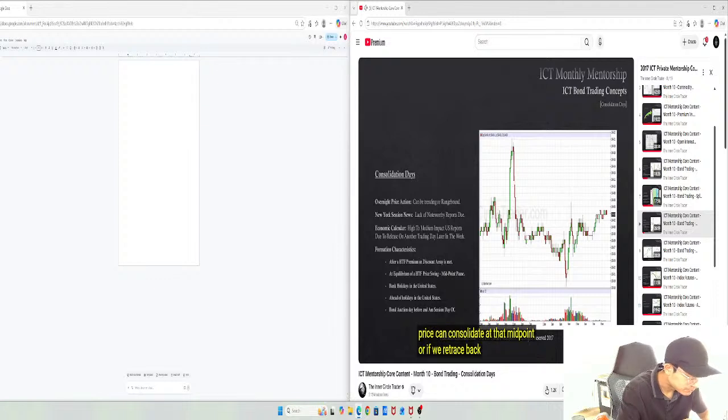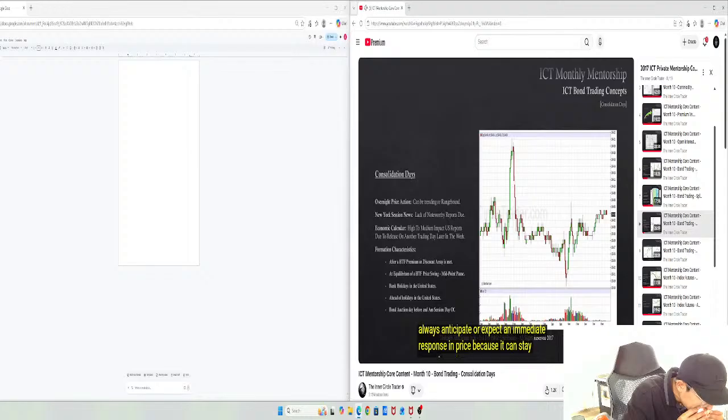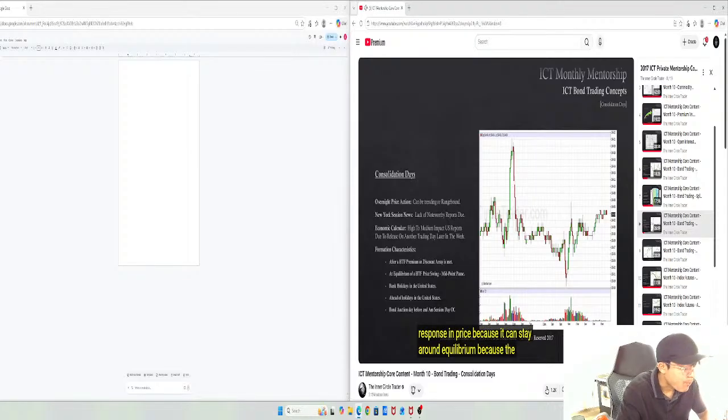Or if we retrace back to an equilibrium price point, don't always anticipate or expect an immediate response in price, because it can stay around equilibrium because the higher time frame requires the larger traders to work on that time frame. So they're going to work that level sometimes more than one time.